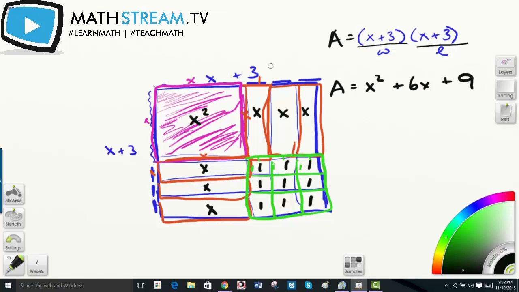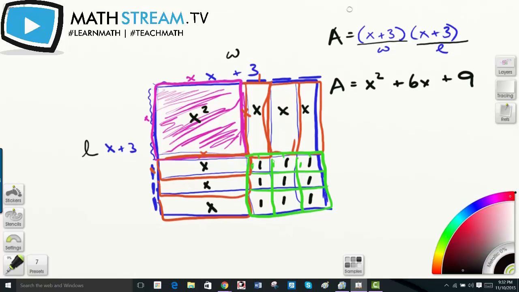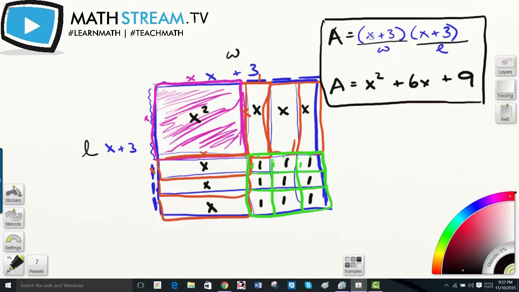So either I can define the area as the width times the length, or I can define it by the pieces added up together. And again, just like we described earlier in this video, we find an equality that shows that x plus 3 times x plus 3 is exactly the same as x squared plus 6x plus 9.